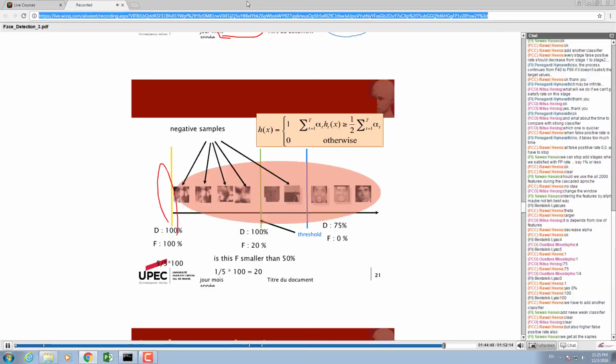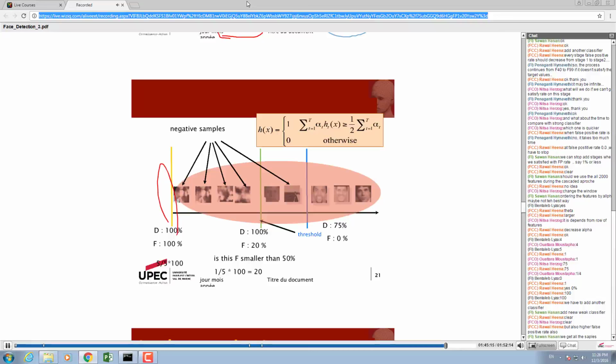When somebody asks you, what is the performance accuracy of your face detection algorithm? General people normally ask you the detection rate, the true positive rate. What is the detection rate of your detection algorithm?